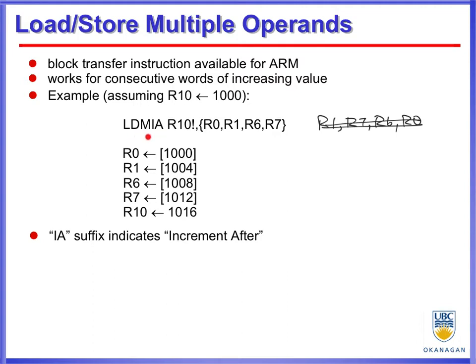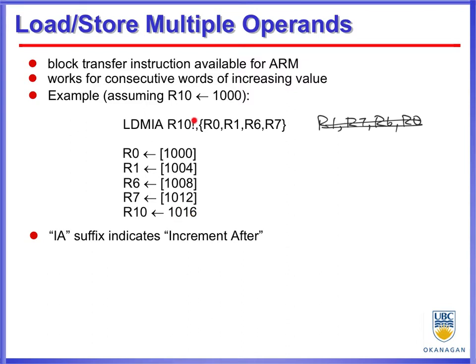Okay, but in this particular instruction, we're assuming that the 4 values in memory that we want to load are at addresses 1000, 1004, 1008, 1012, and the exclamation mark means write back. It means update R10 such that it will now have 1016 in it at the end.